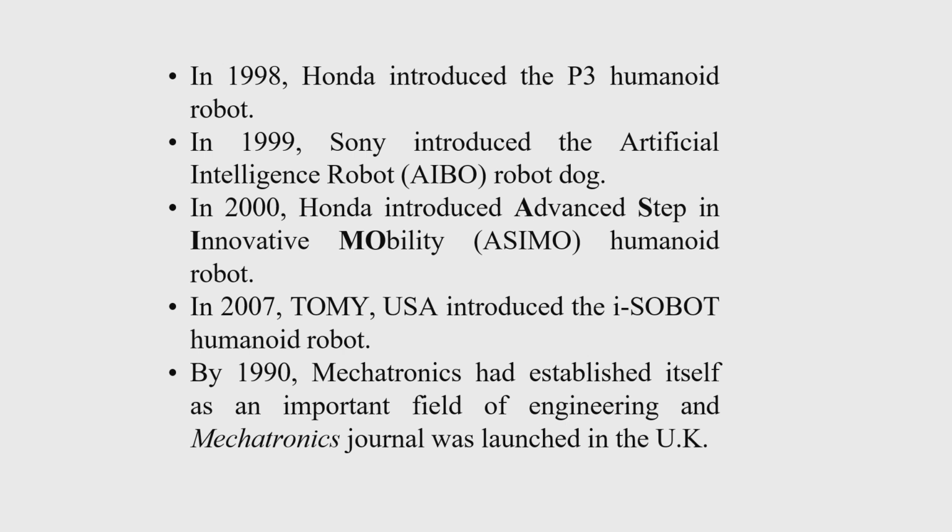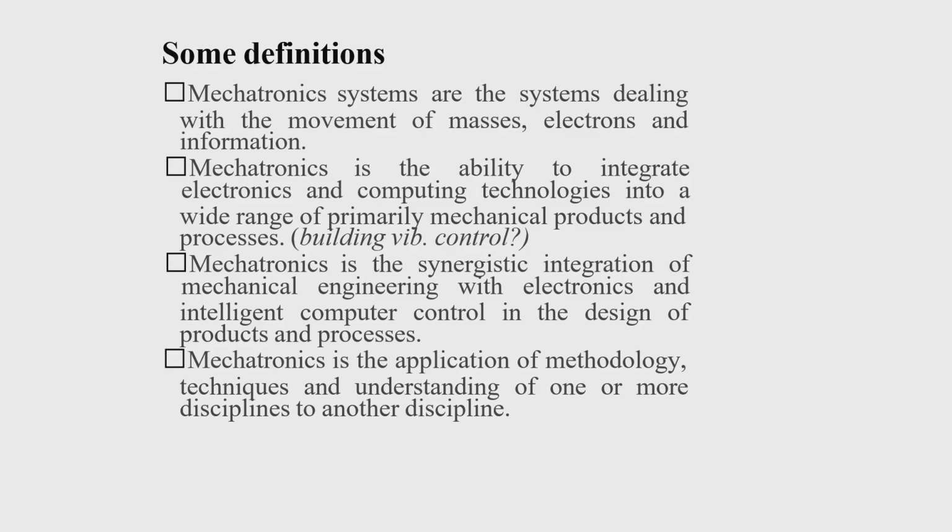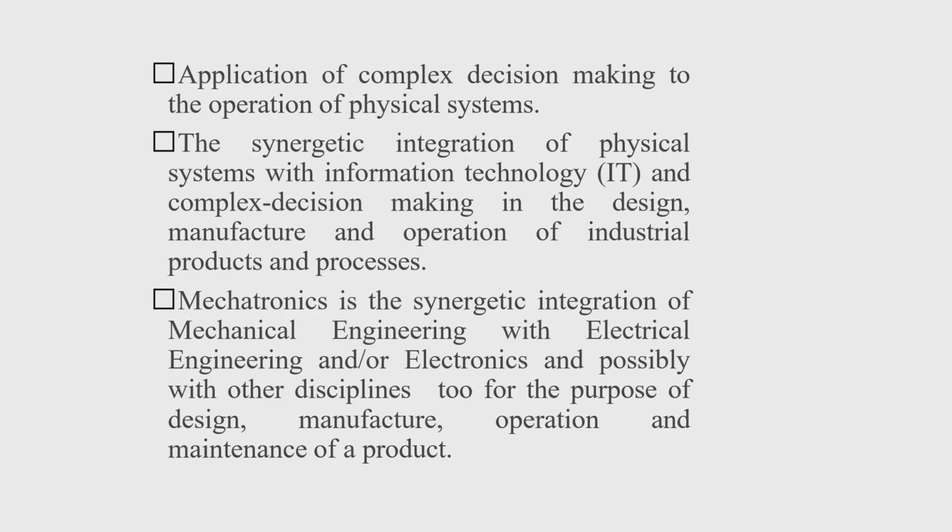By 1990, mechatronics had established itself as an important field of engineering, and the Mechatronics journal was launched in the UK, which is available nowadays on ScienceDirect. Now, there are many definitions of mechatronics, but we can say that mechatronics is the application of methodology, techniques and understanding of one or more disciplines to another discipline.